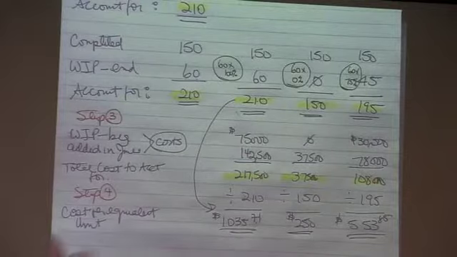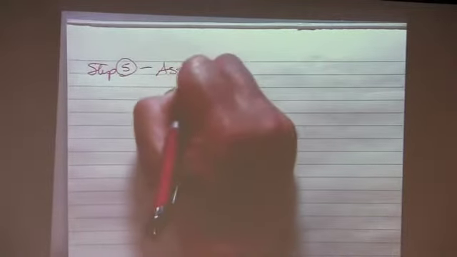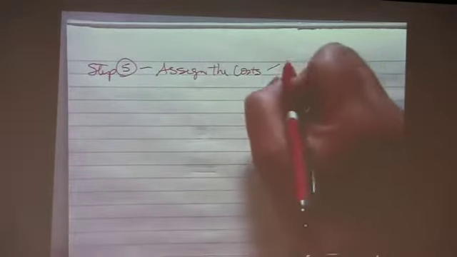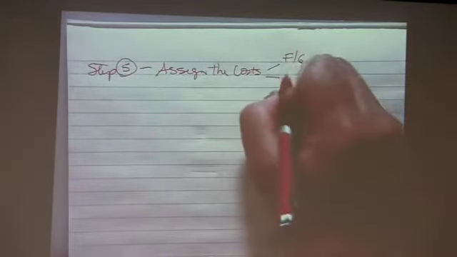So how do we do that? Let's do step 5 on the next page. Step 5 is we need to assign the cost to finished goods and work in progress.